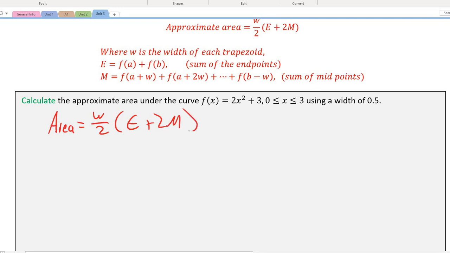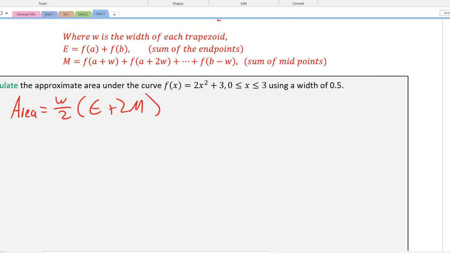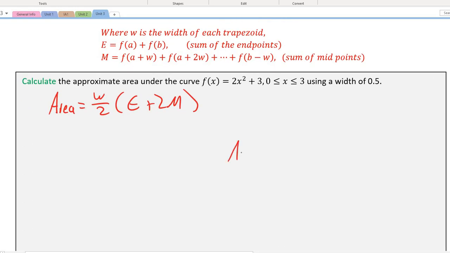Now, width is given to us, so my area is going to equal 0.5 over 2. And I have to figure out what E and 2M are.